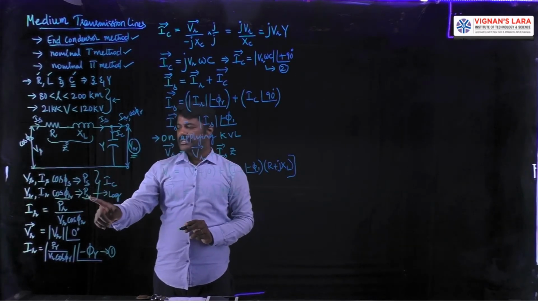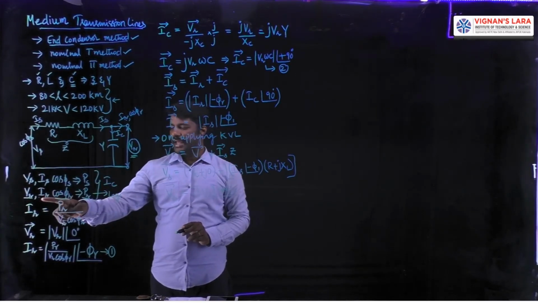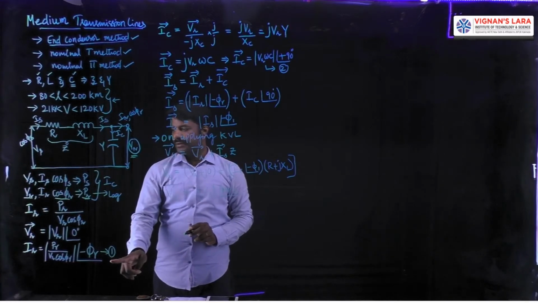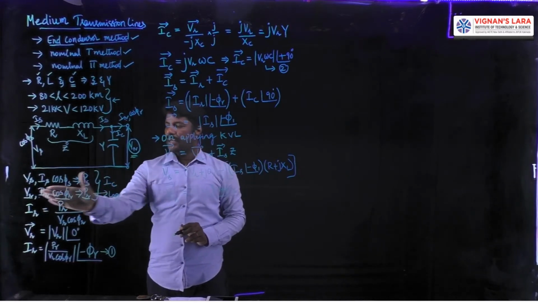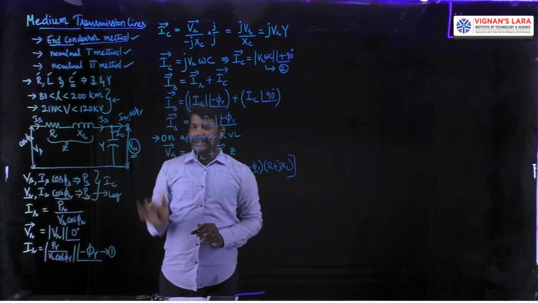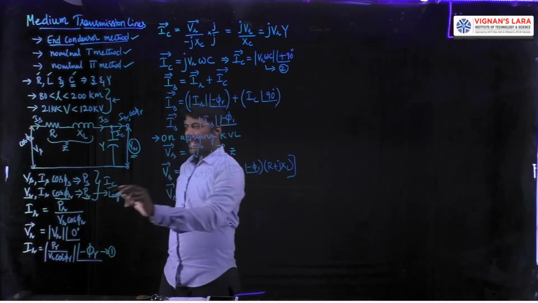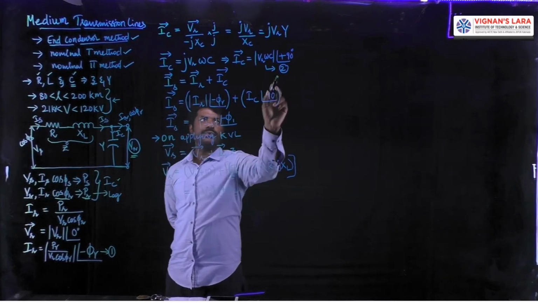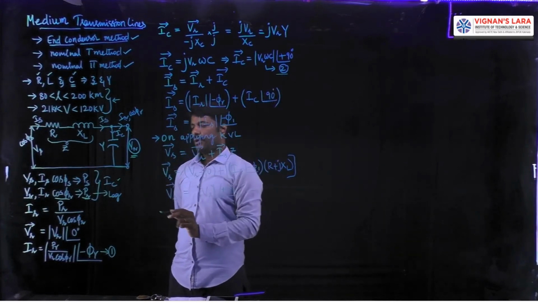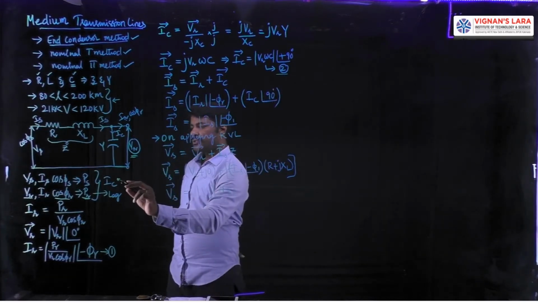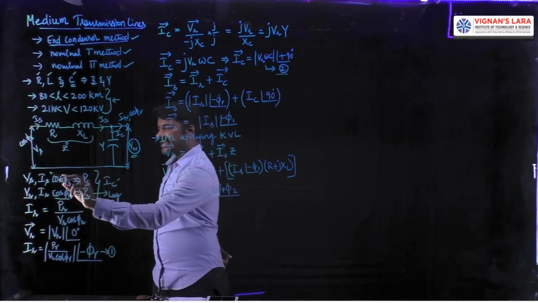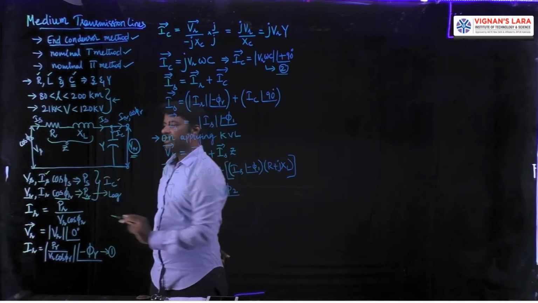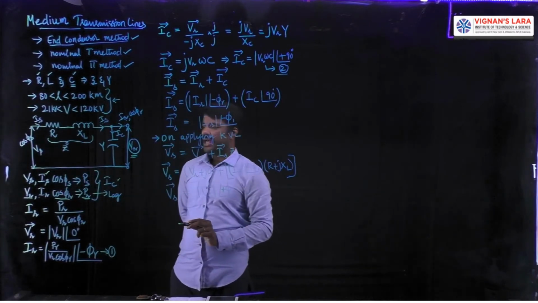In that procedure, first I have calculated IR as per equation 1, so that we will get all quantities that are available on the receiving end side. Later, I have moved towards IC calculation as per our equation 2. This is our equation 2. Once getting IC, slowly I am moving towards the sending end side for having a current of IS.